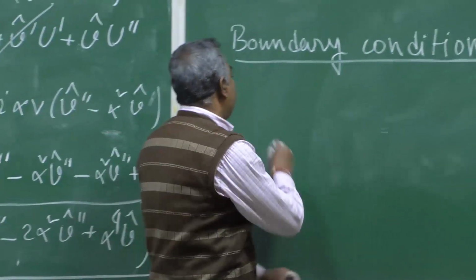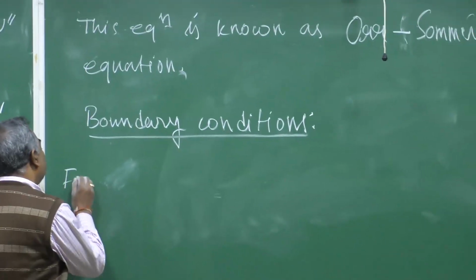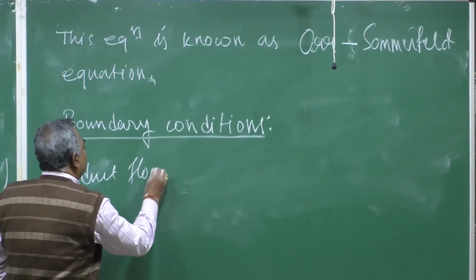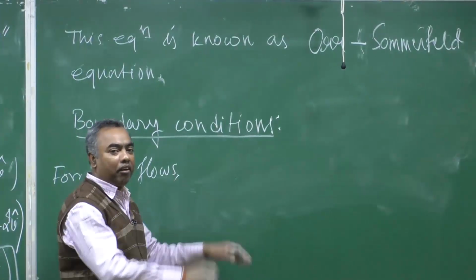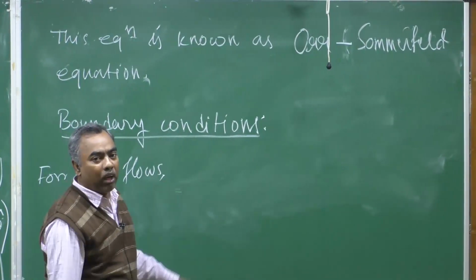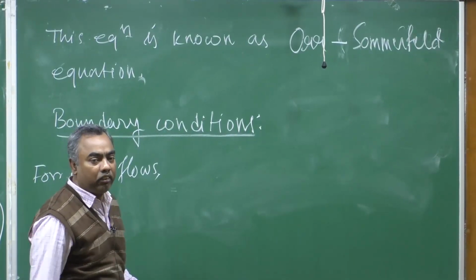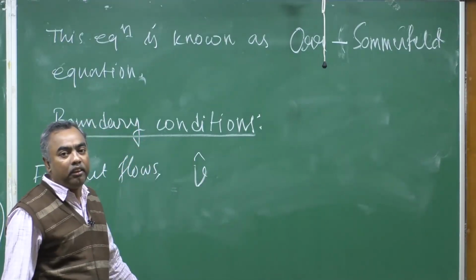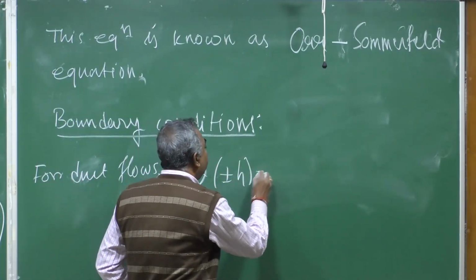So, for duct flows, means flow through a channel, for example, with both side walls, let us say the wall is at plus minus h. So, that means the disturbance v hat at plus minus h should be 0.